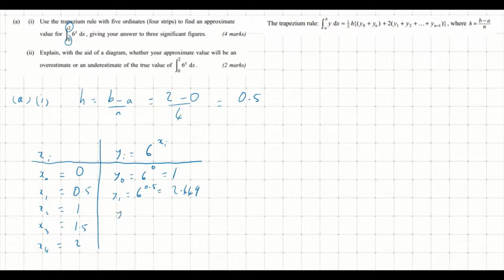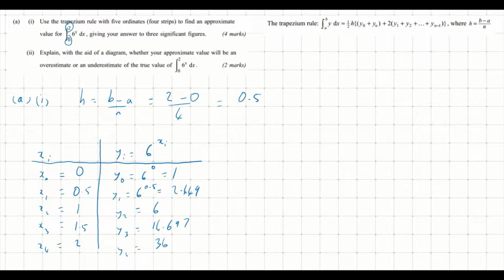Similarly, y2 is 6 to the power of 1, which is 6. y3 is 6 to the power of 1.5, which is 14.697. And y4 is 6 to the power of x4, 6 squared is 36.